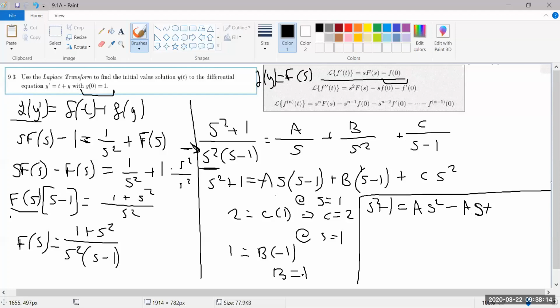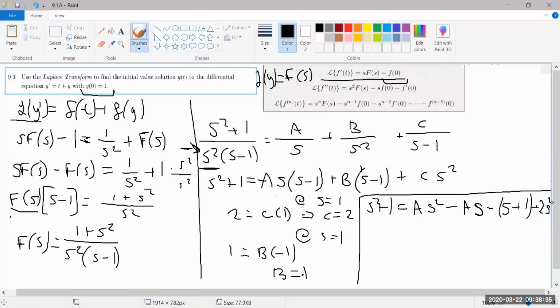Oh, I'm sorry, this is our negative b. So we have minus s plus 1, and then plus 2s squared. So see, I'm already all the way over plus 2s squared, and that's our c power.